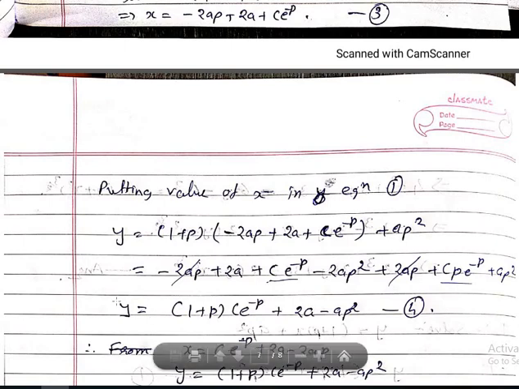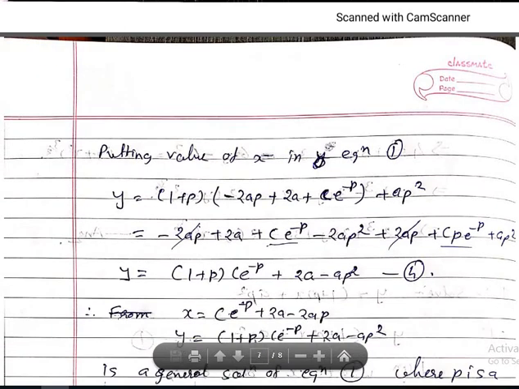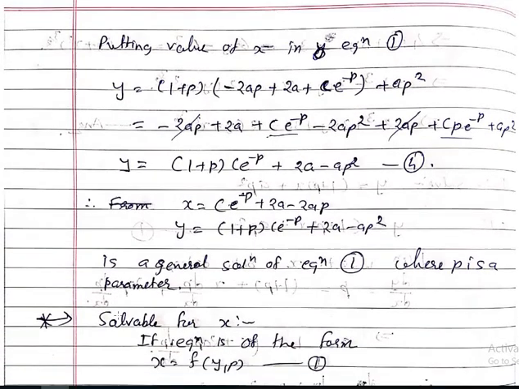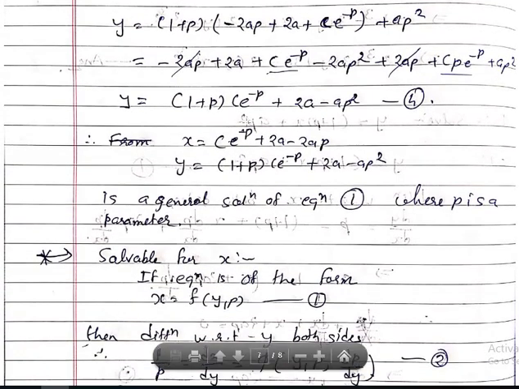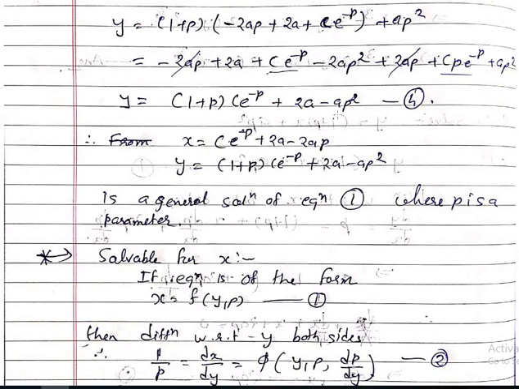Simplifying this, that will give y is equal to 1 plus p into c e raised to minus p plus 2a minus ap square. So equations 3 and 4, these two are the general solution of equation 1, where p is in the form of a parameter. P is your parameter, that means x and y are in the form of parameters.